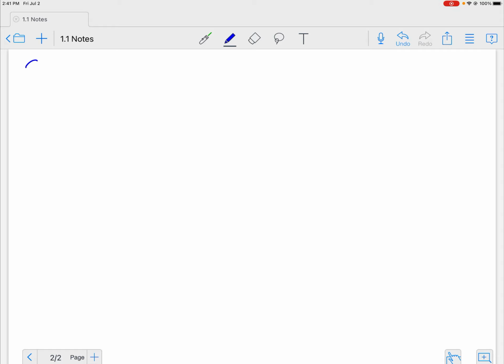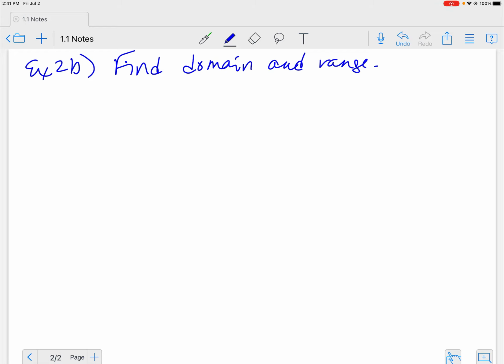Okay, good. Let's do more. Here's example 2b. Still we're finding the domain and range. I have g of x is equal to the square root of 4 minus x squared. Good call, there is a radical.